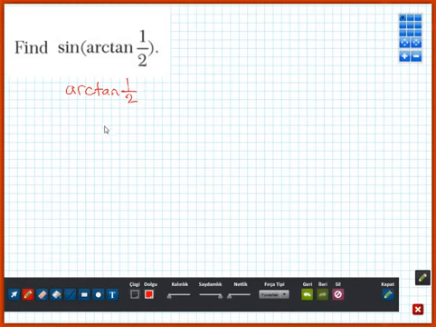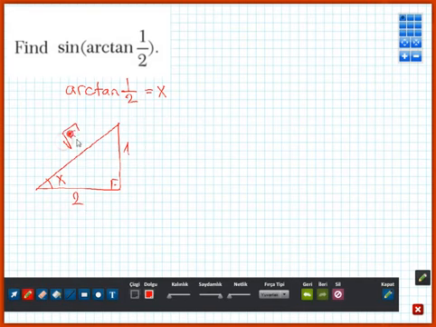So we are going to solve this one with the help of a right triangle. This is the angle x, which is between 90 and minus 90, and the tangent is equal to 1 over 2. That means opposite over adjacent is 1 over 2, and by the Pythagorean theorem, the hypotenuse is equal to root 5.